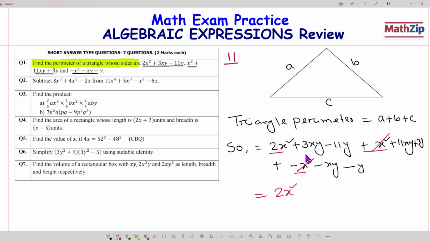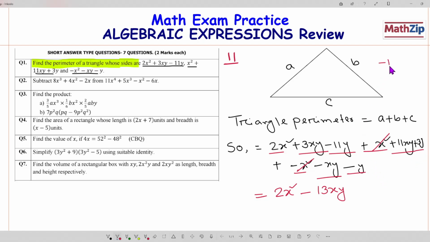Here is plus 3xy plus 11xy and here is minus xy. So 11 plus 3 is a 14 and minus 1, it will be minus 13xy. Here is minus 11, here is minus y, it means minus 12y and here plus 3y.